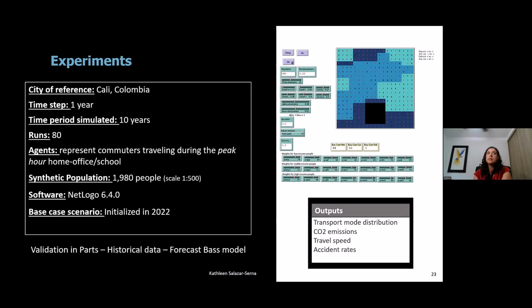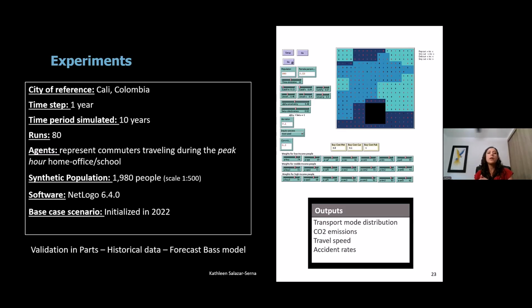Now, for the experiments that we ran in the city, we simulated 10 years. We developed this model in NetLogo, and this model was validated using the validation in parts technique, which says that we need to analyze inputs, processes, and outputs, and we compare against historical data from the city before the pandemic.